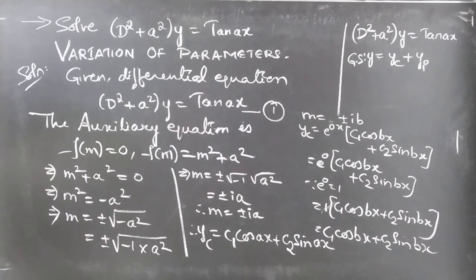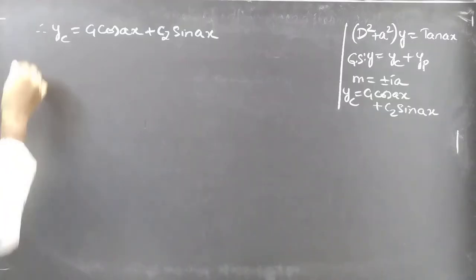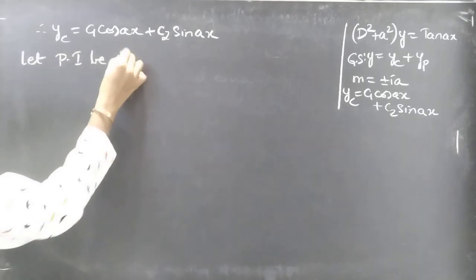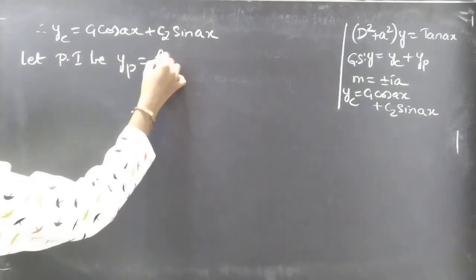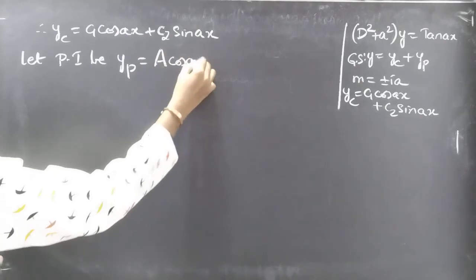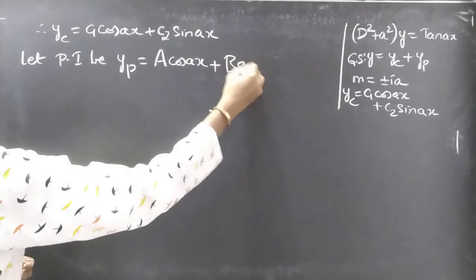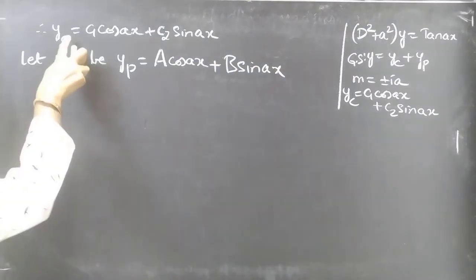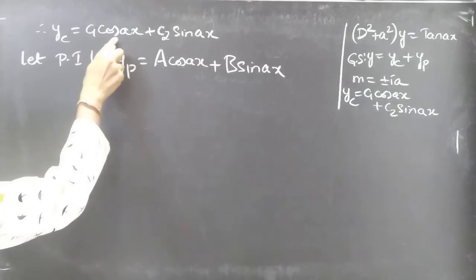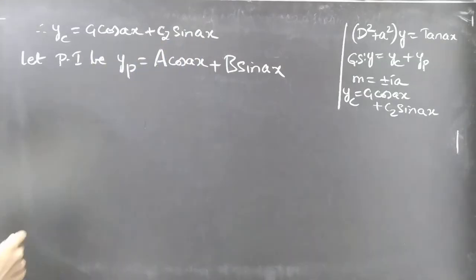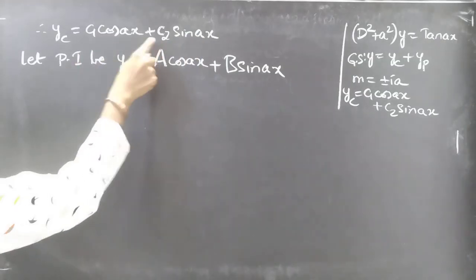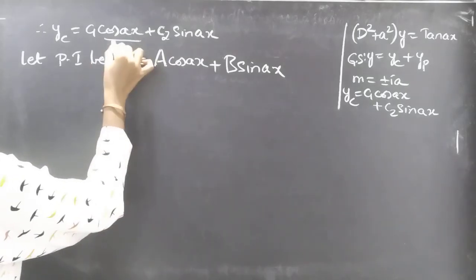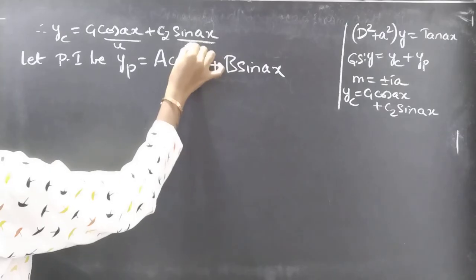Now let the particular integral be yp = A cos ax + B sin ax. Here we have yc = c1 cos ax + c2 sin ax, where c1 and c2 are constants, we know that, right? So we can name this as u and this as v.